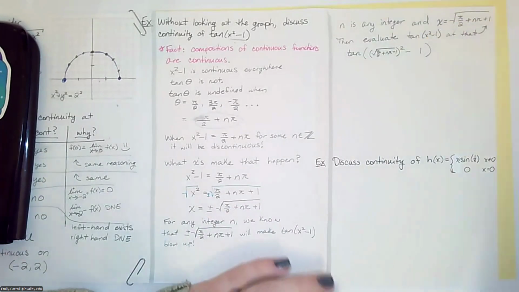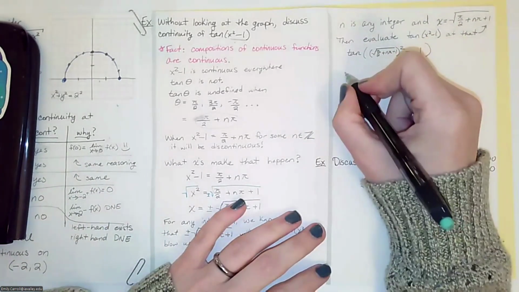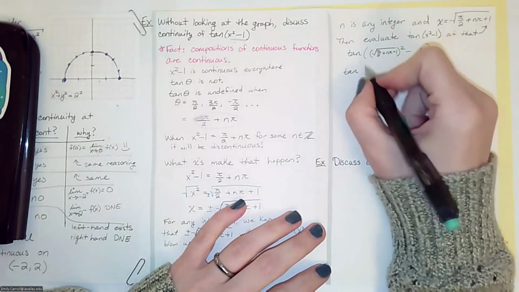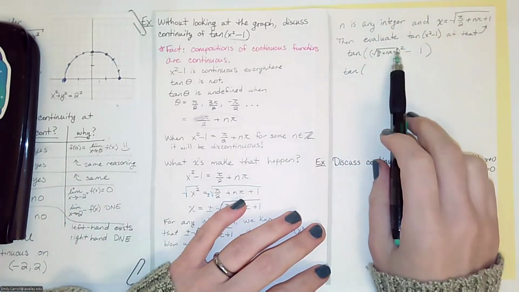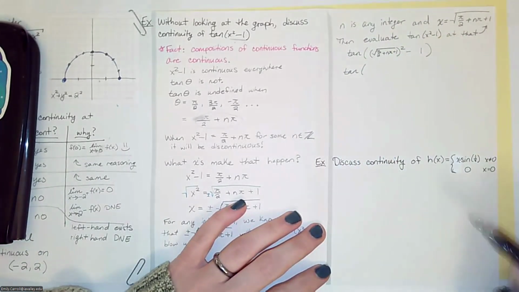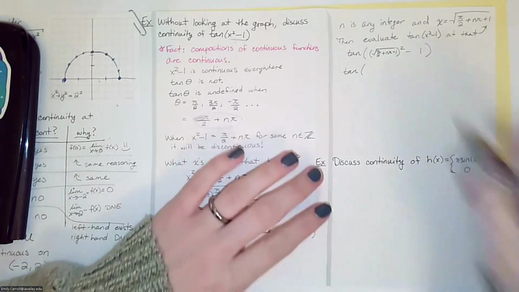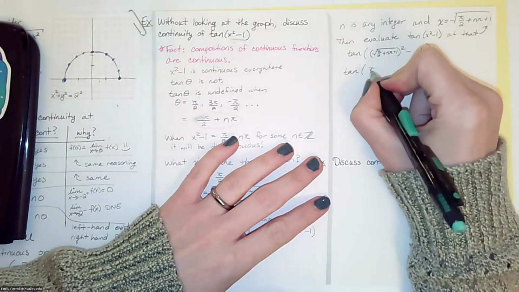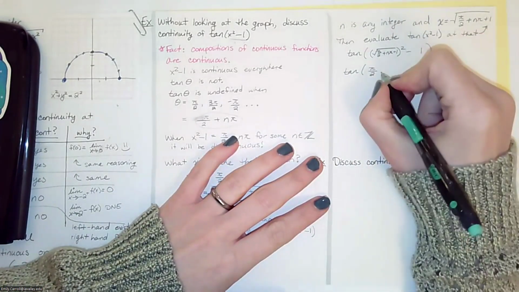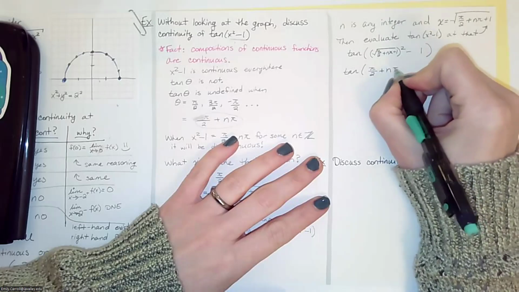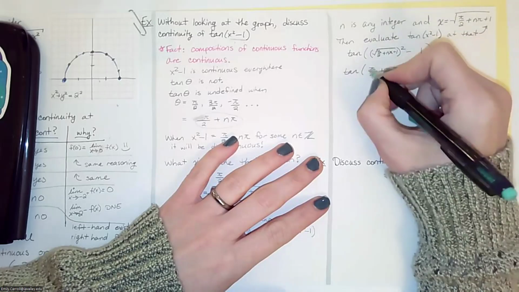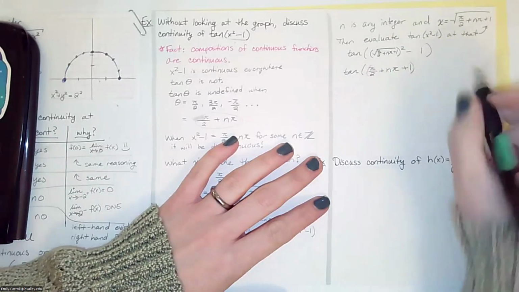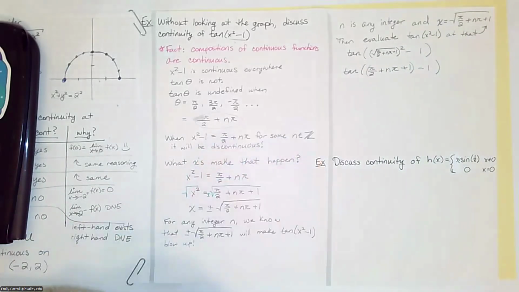I'll write that bigger on the next line, don't worry. Well, the square of a square root is just the thing itself. So the square and the square root will undo each other there. And then I still have that minus 1 hanging out.